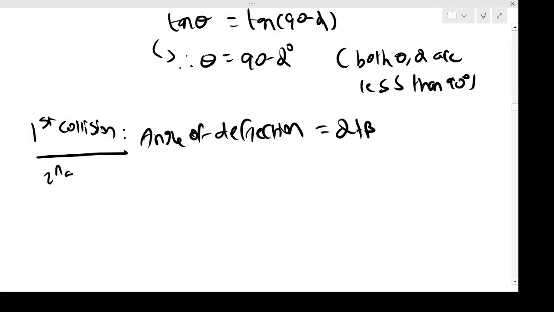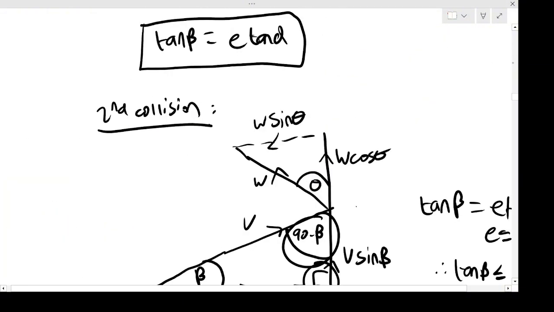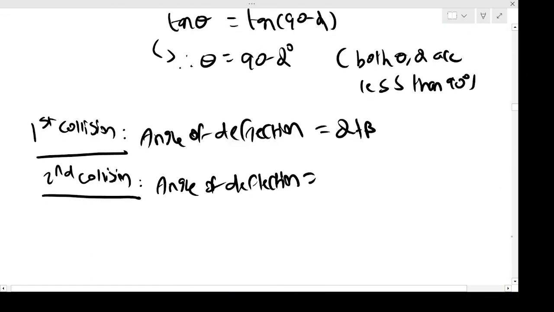And then we can do the same for the second collision. If I look at my diagram for the second collision, the two angles now, before and after, are 90 take away beta and theta. So it's going to be 90 take away beta, add theta. Again, I'll just add the before and after angles.